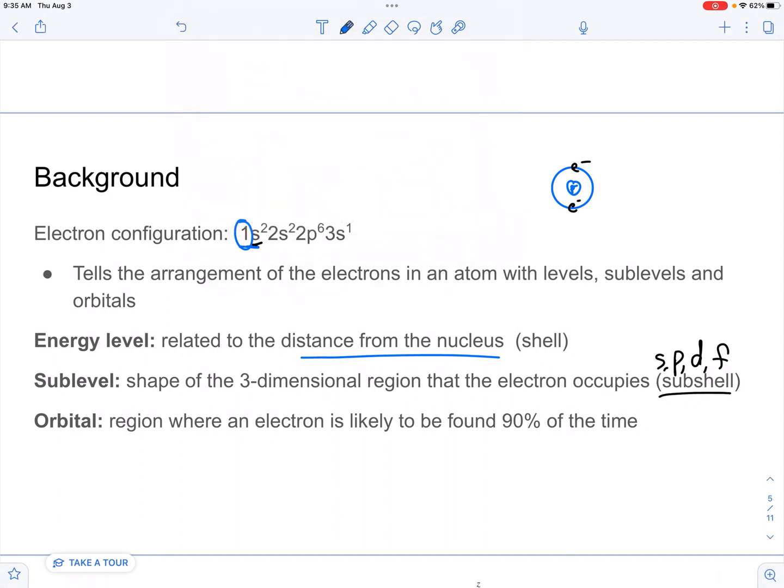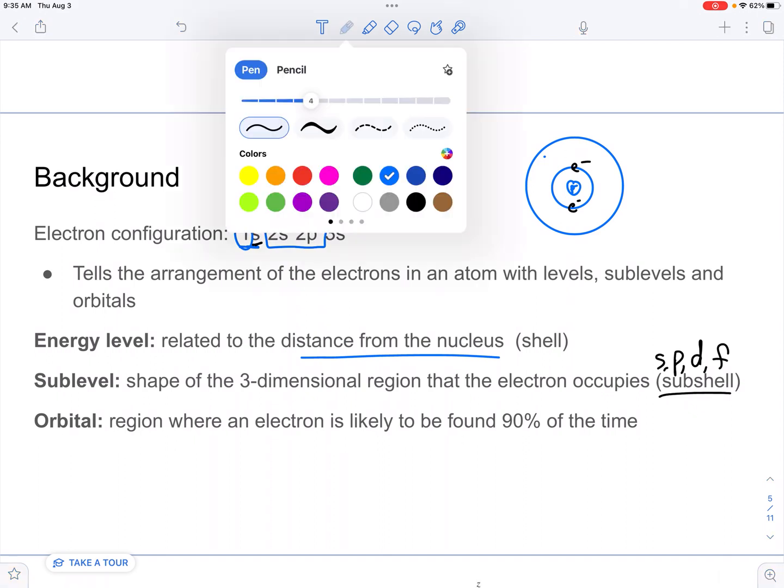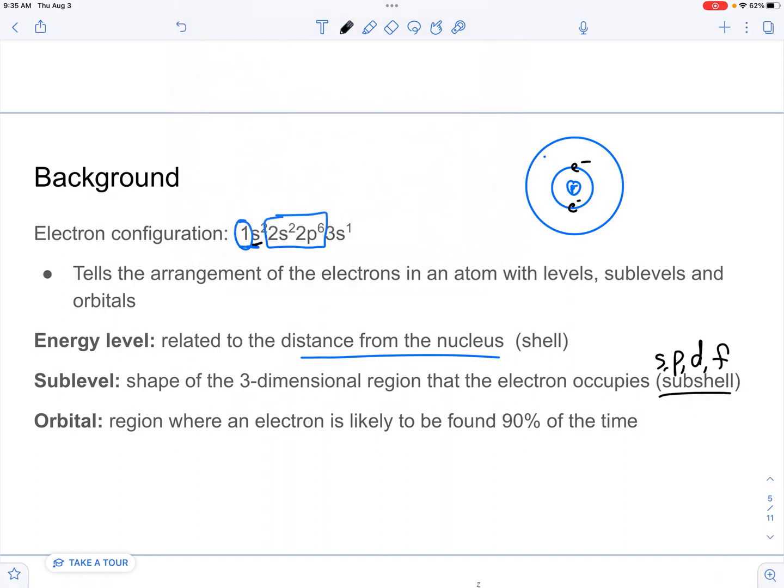Then one of the key things to recognize is this second energy level is going to be further away than the first. That's the thing that's going to come in a lot. It's further away. Because it's further away, it can be larger, and you can fit more electrons in it. We would have 8 electrons in this one. We don't often draw these Bohr models, but you'll see them as we start talking about periodic trends in Unit 1.